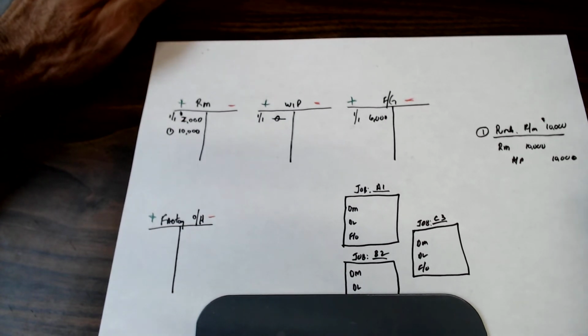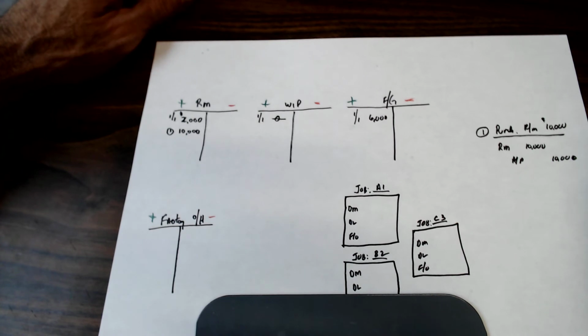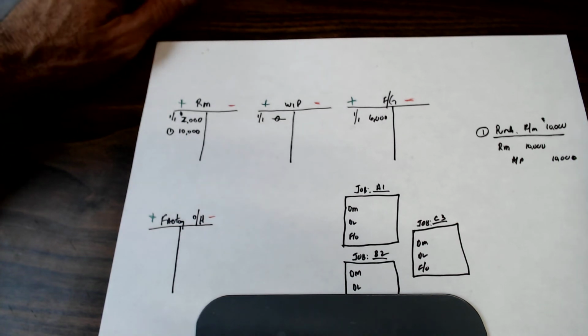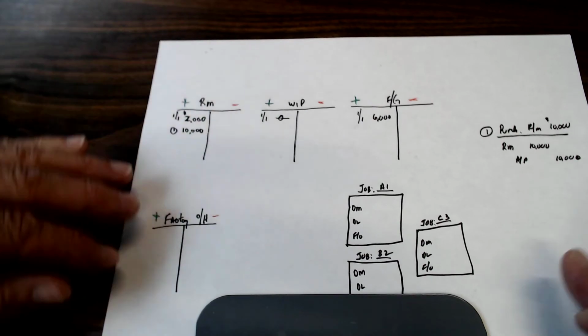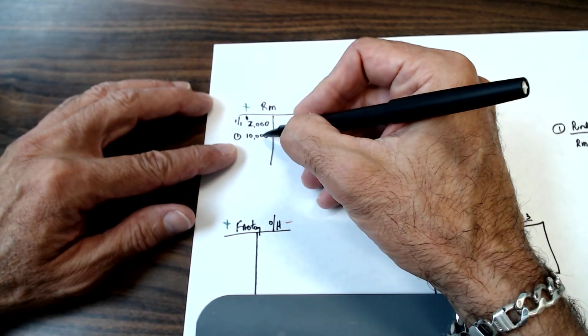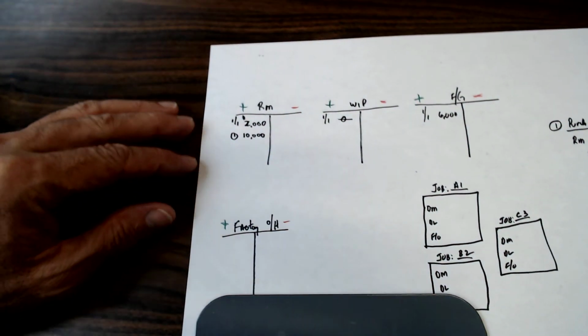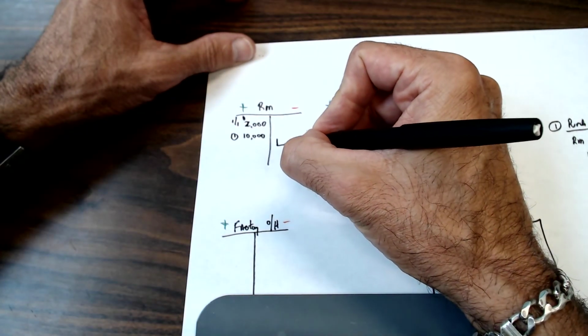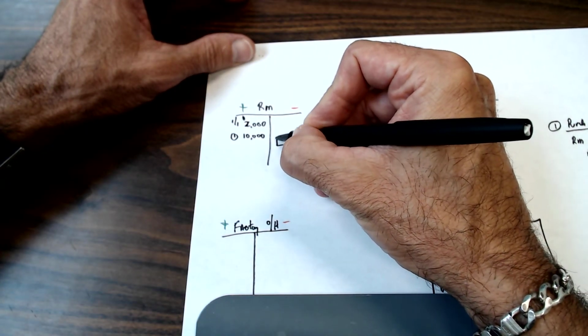Okay, so now, second, as an accountant, I need to be made aware that there was $12,000 of raw materials here, but I know that raw materials were actually requisitioned out of here.